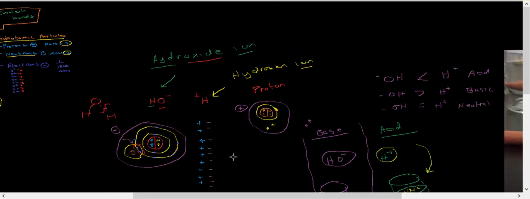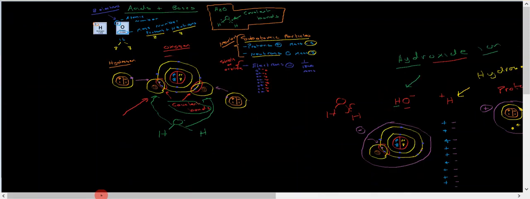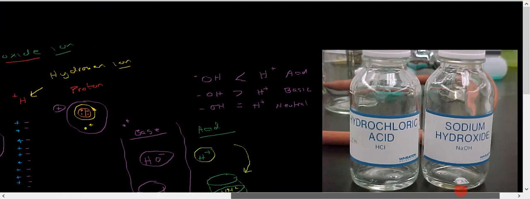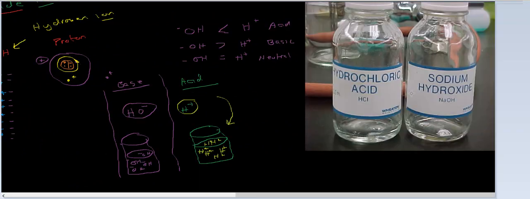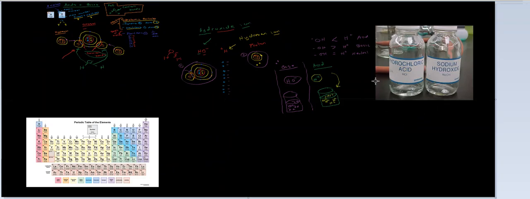Now, if we were to think about two very common examples of acids and bases, we have hydrochloric acid, or HCl, which is this one, and then this one here, which is known as sodium hydroxide, NaOH.